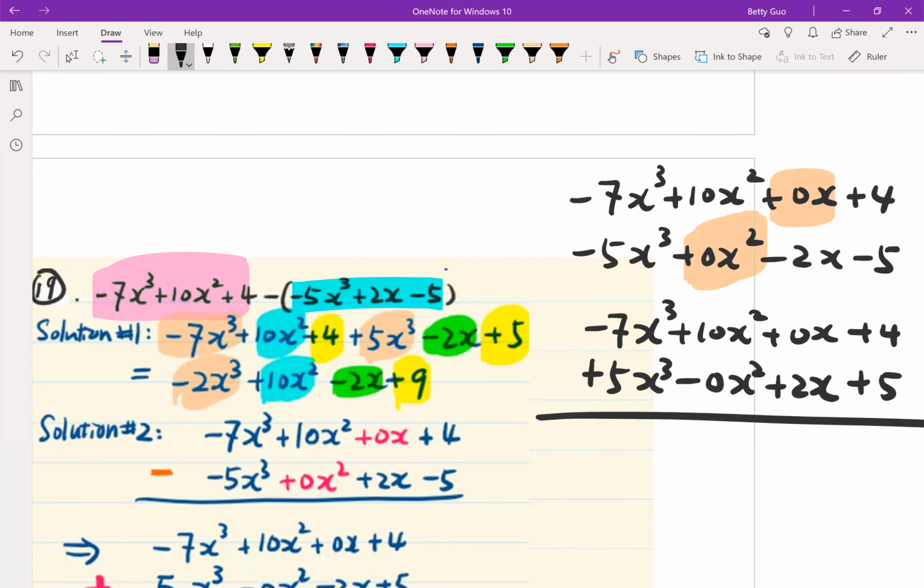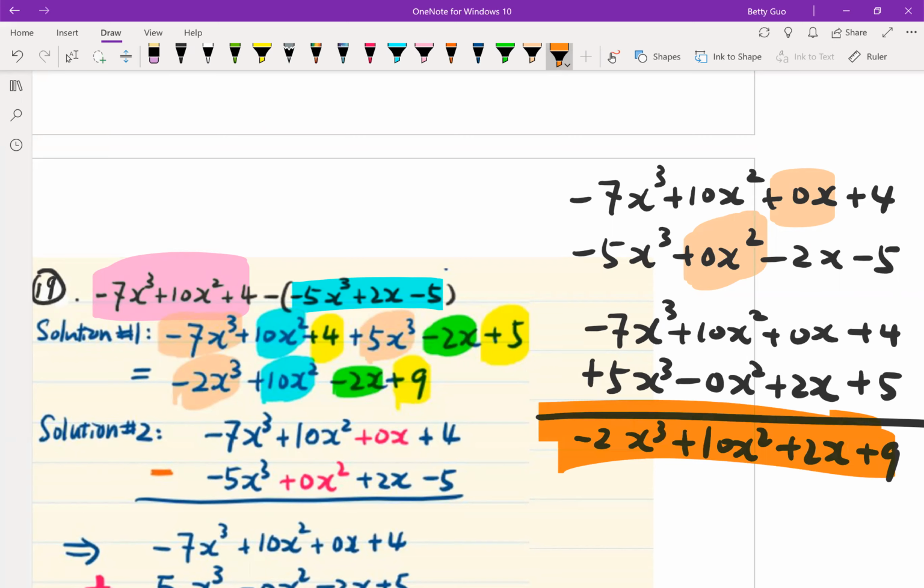And let's add them up vertically. What is -7 plus 5? -2 or +2? Yeah, -2x cubed. And 10 minus 0, just 10. 0 plus 2, just 2. 4 plus 5, 9. So that's the final result.